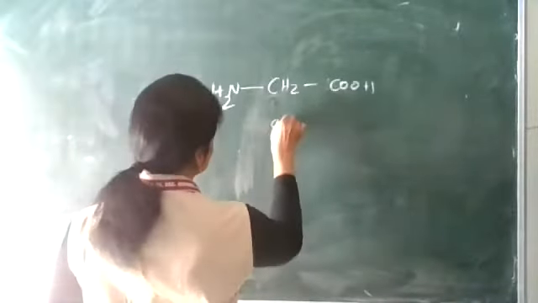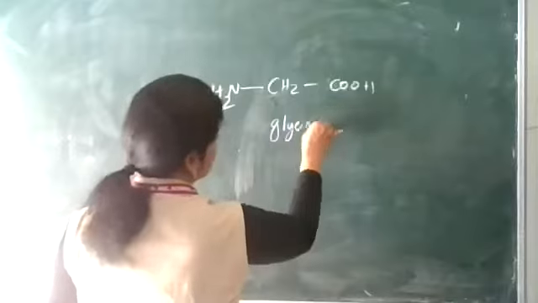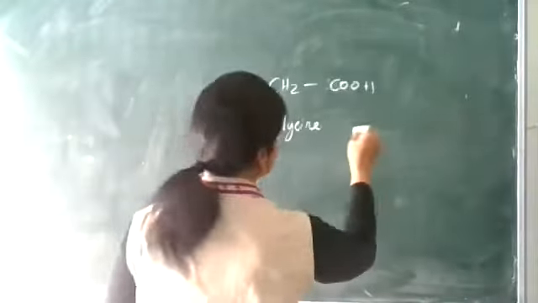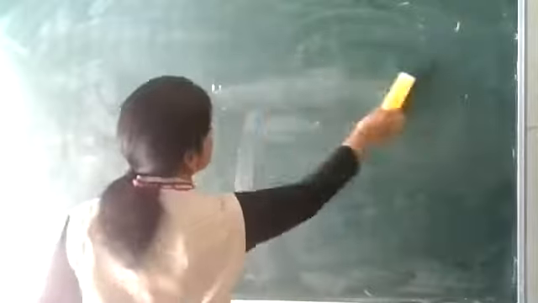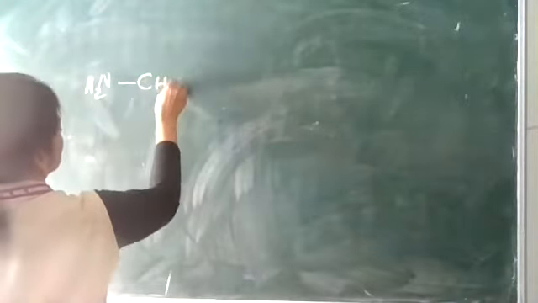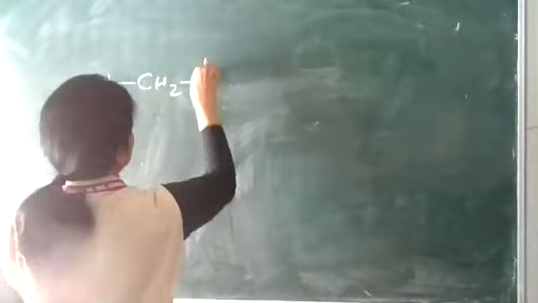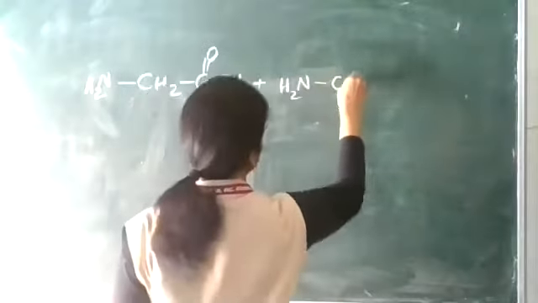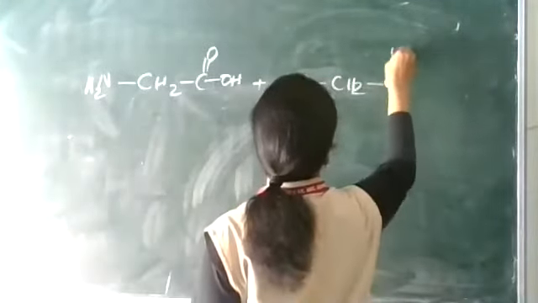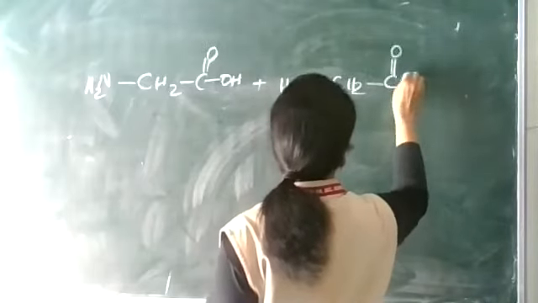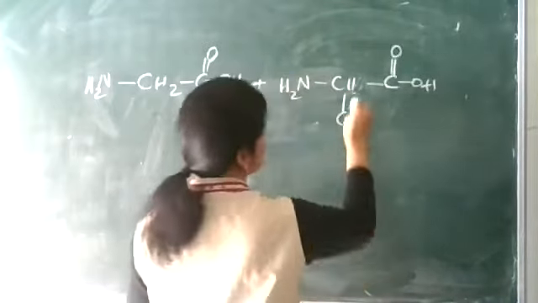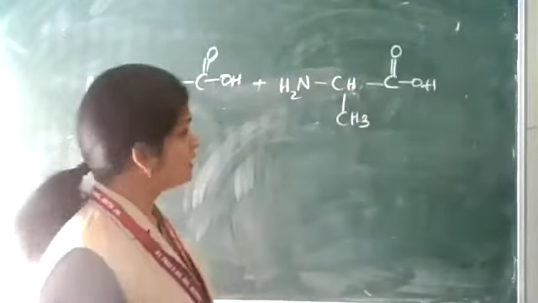So this is glycine, and now I'm going to write alanine. One H is replaced by CH3, that is alanine.